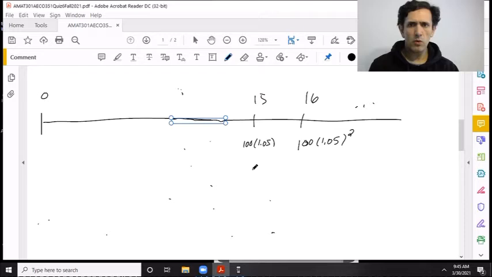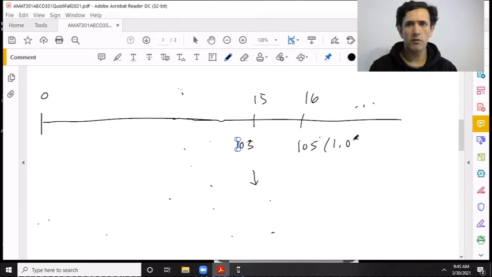All right, so the formula is, so here we're really thinking of this as just 105, and each year it increases by 5%, so this is 105, 105, 1.05, et cetera, et cetera.